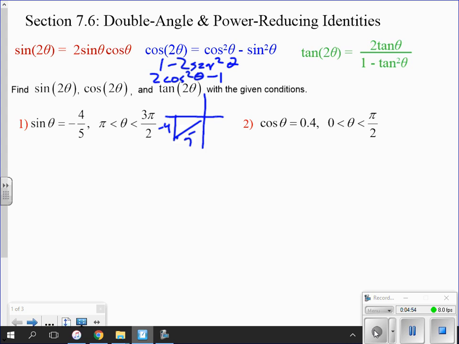From there, it's not that hard to figure out. I've got a right triangle, solve for the missing side. It's 3, but because it's over here, it's -3. If my sine is -4/5, my cosine of theta is -3/5, and my tangent is 4/3. And those are things I'm going to need to use finding the double angles.